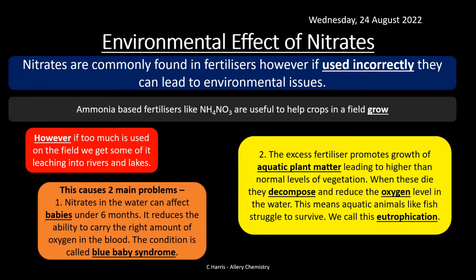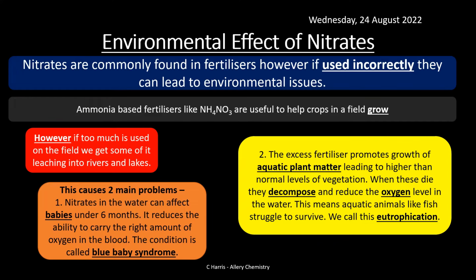But the other one as well, and people who study geography or biology will probably be more aware of this: if you've got excess fertilizer, it promotes the growth of aquatic plant matter, so you get algae growing, and this leads to higher than normal vegetation in the rivers. Now, they'll die eventually and decompose.